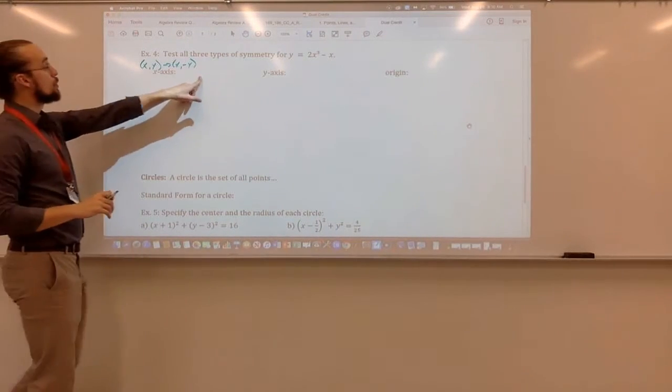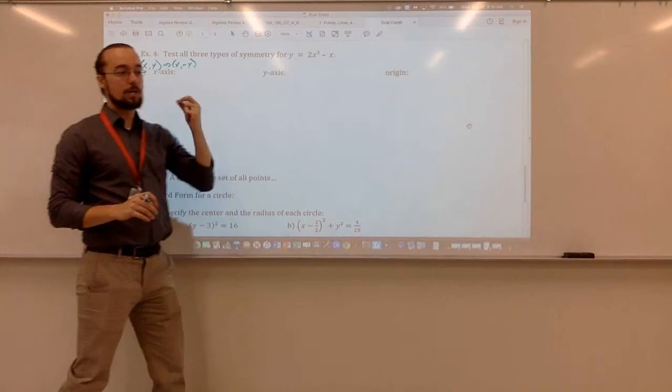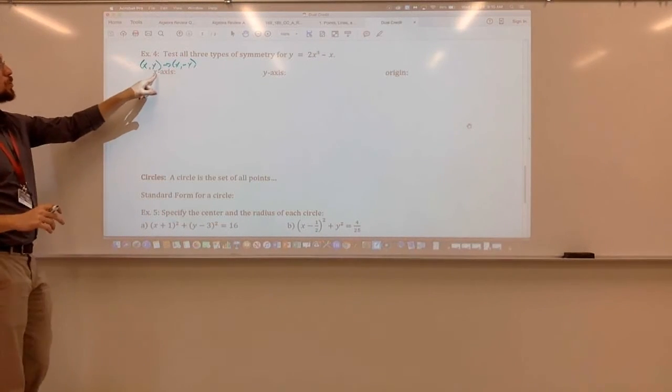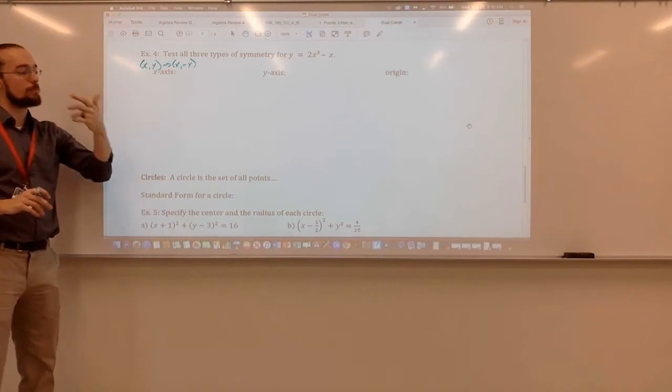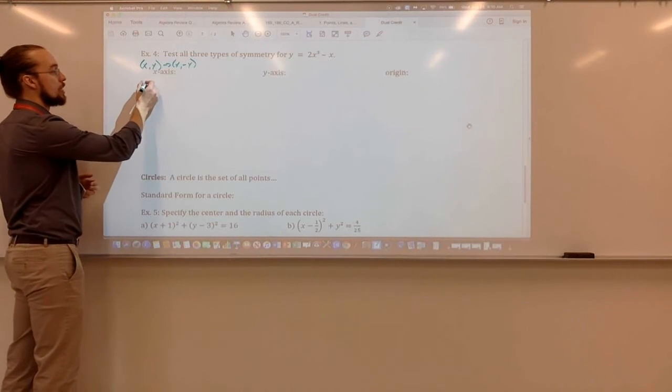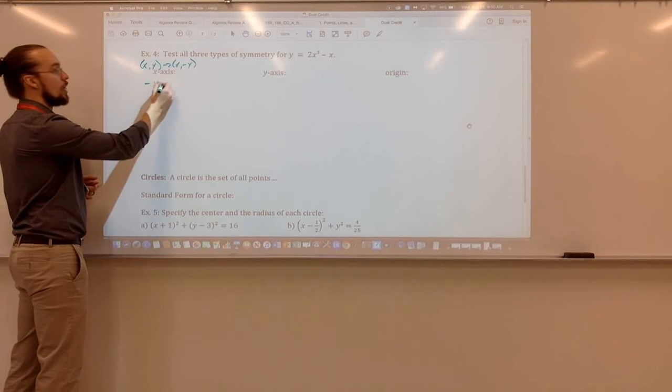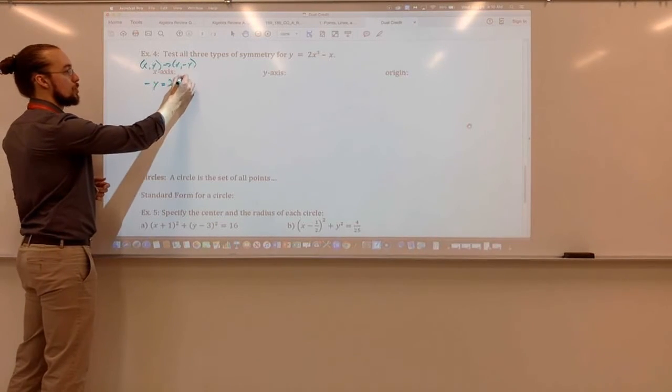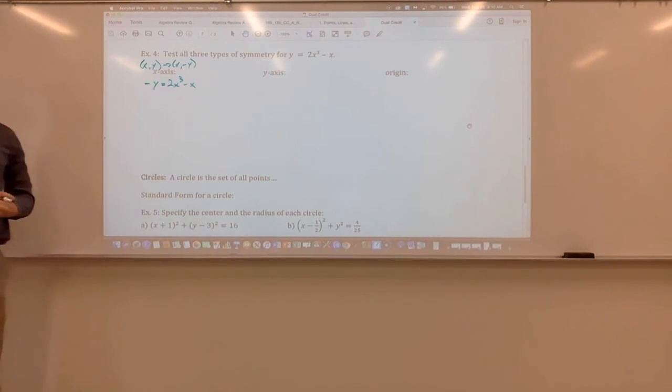Well, what I'm going to do then is take this equation and substitute negative y in place of the y that I already see. So I'm going to say negative y equals 2x cubed minus x.